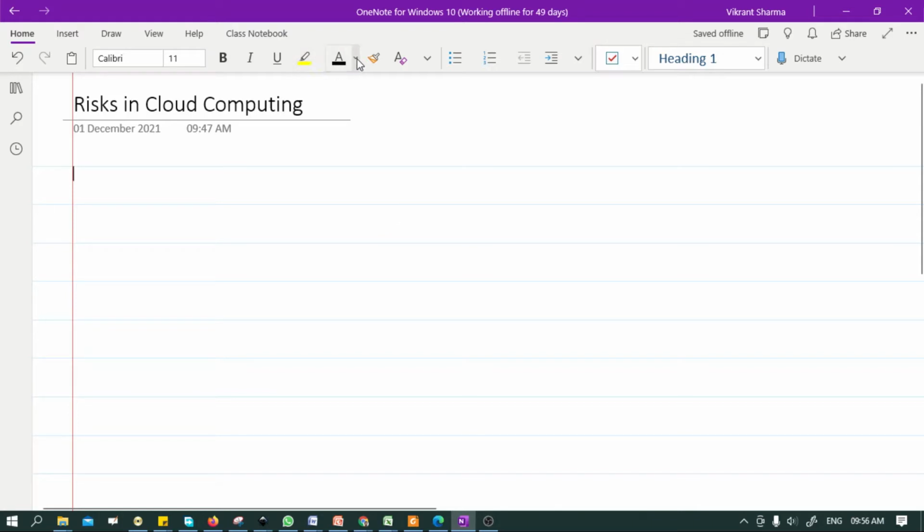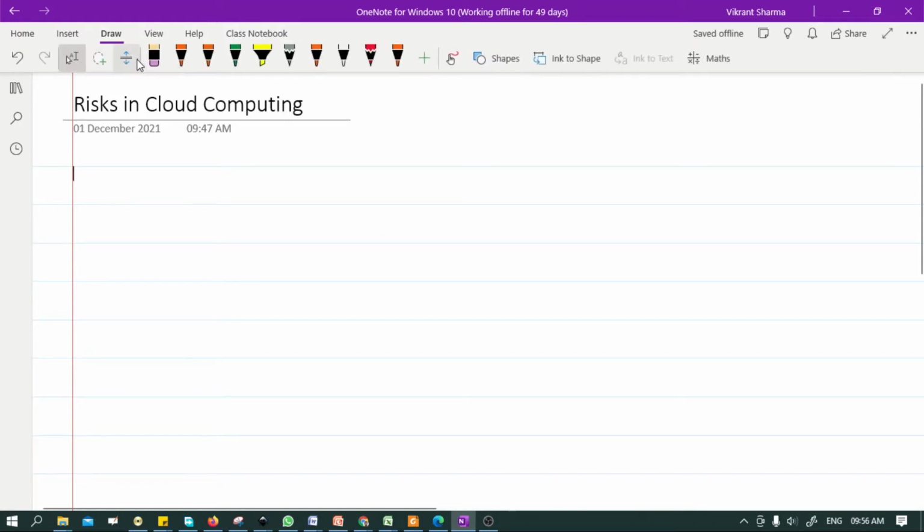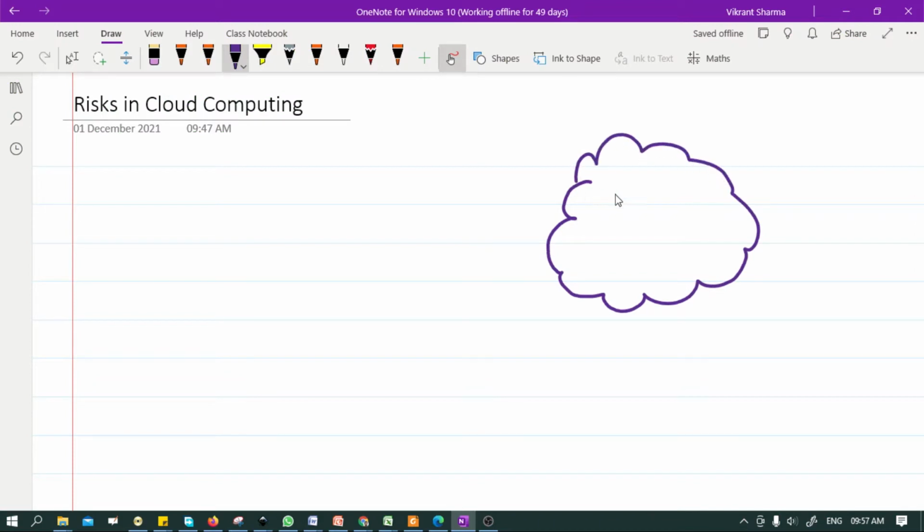Let me make you understand with the help of an example. Consider this is a cloud, and this is the organization that owns the cloud. This is the owner, and you, being a customer, want to shift your services to the cloud.